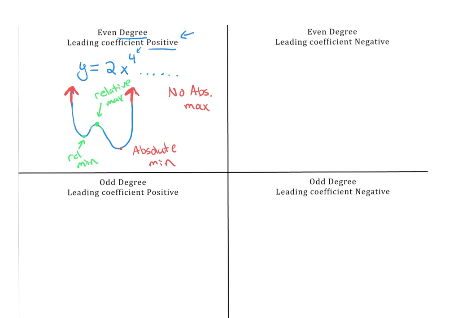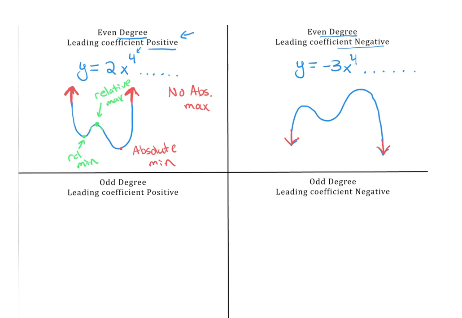All right, so now we're going to have an even degree again, but this time the leading coefficient is negative. So let's say y equals negative 3x to the fourth, and let's say there's a lot left of this polynomial, but we're just going to write the leading term. So in theory, this could look something like this. For the end behavior, it'll be pointing down in both directions.